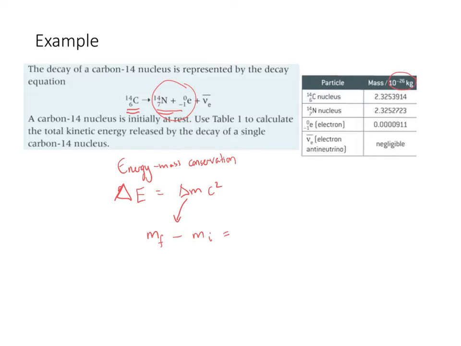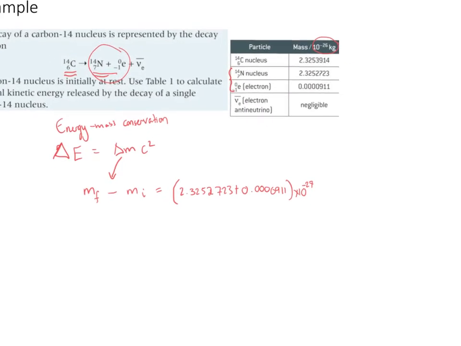So the final mass, which is the combination of the two, will be 2.325223 plus this times 10 to the minus 27. And then you subtract the initial mass, which is 2.32539114 times 10 to the minus 26. Sorry, that was minus 26. I put the wrong number there.